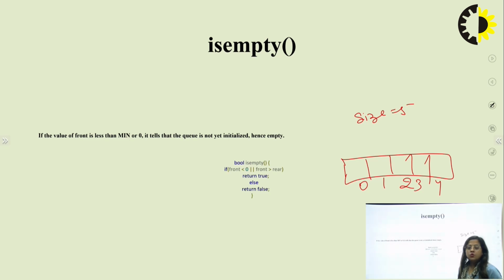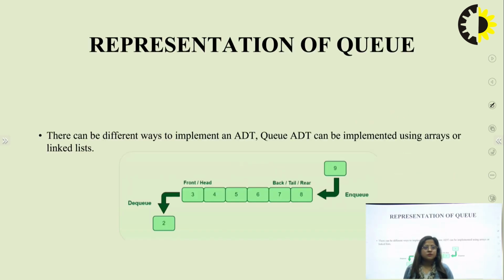There is no front and rear here. So check if front is less than 0 and rear is less than 0, meaning both are minus 1. Then return true, otherwise return false.